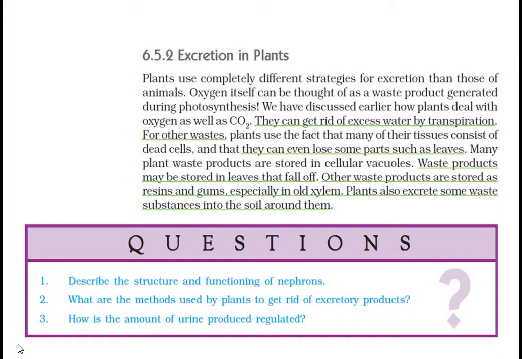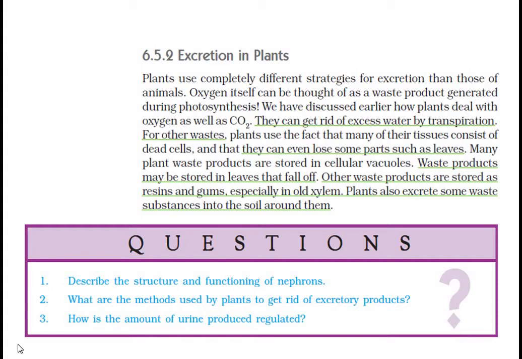They can get rid of excess water by transpiration, and they can lose parts of the plant, the leaves. They shed the older leaves, and in those leaves waste products are stored. Waste products may be stored in leaves that fall off.